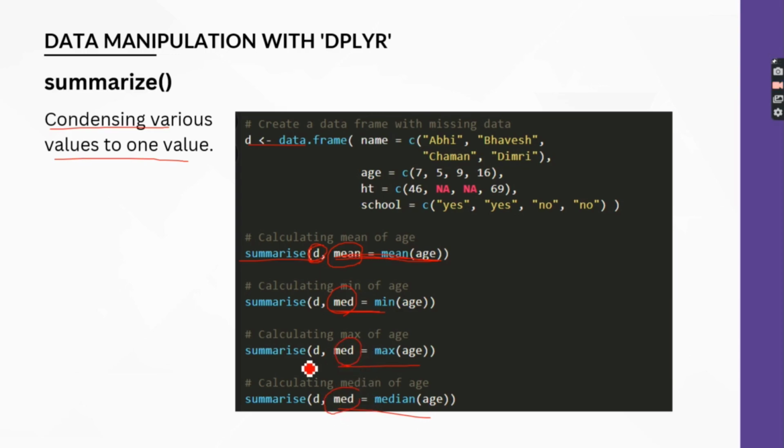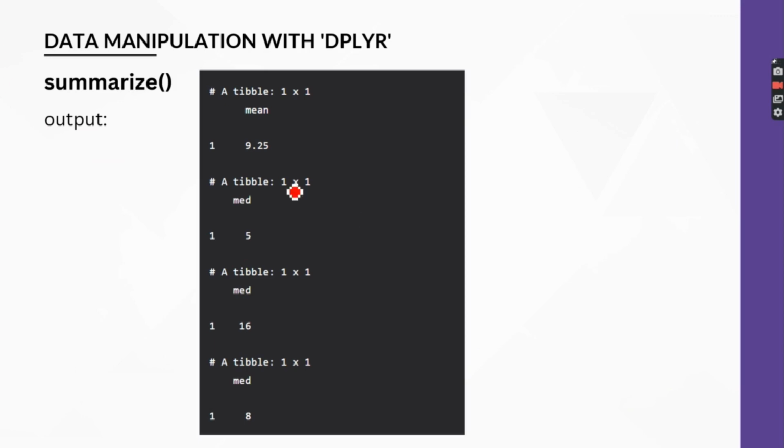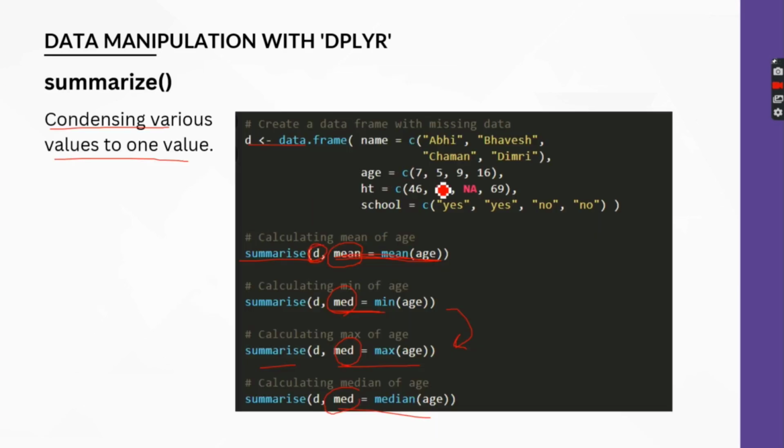You can see we are using the same variable name here and here and here as well. That does not matter because the variable won't exist outside of the summarize function. So you can use similar variable names inside a function every time you use that function. Let's see the output. You are getting a mean of 9.25 based on age, a minimum of 5, that is the lowest age we have here.